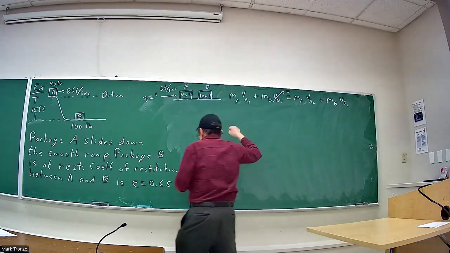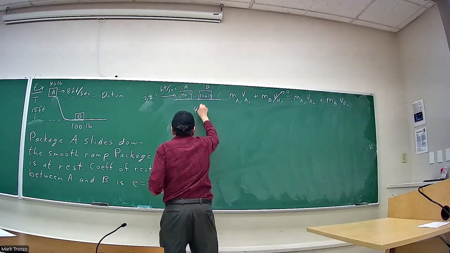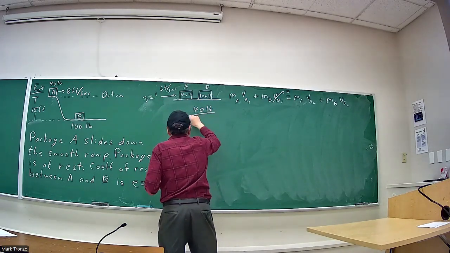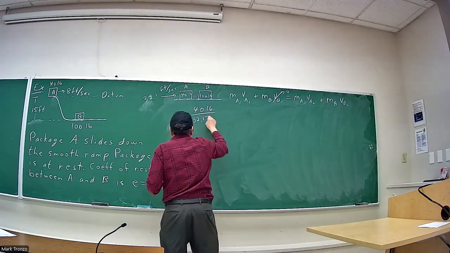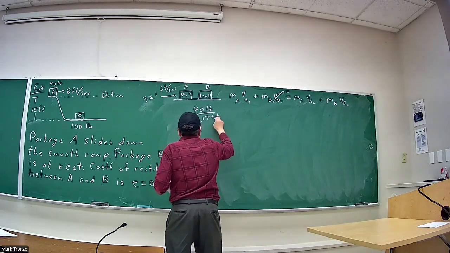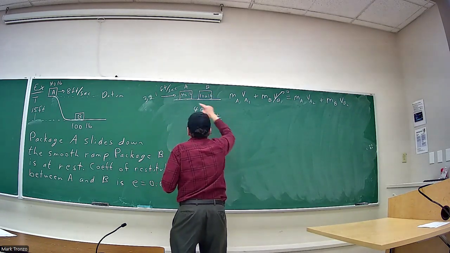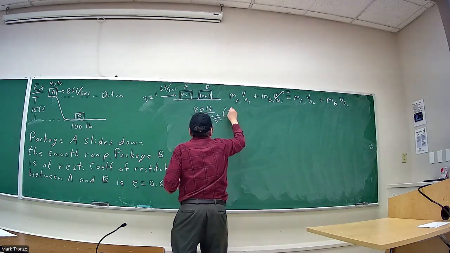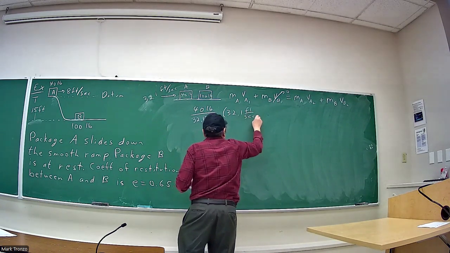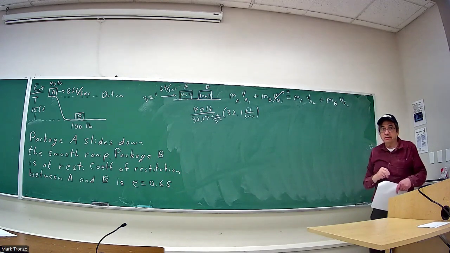And over here, we have our mass of A, which is 40 pounds divided by 32.2, or 32.17, feet per second squared. And then the velocity of A just before impact, 32.1 feet per second. Again, this term is going to be 0, so I'm just going to leave that out.